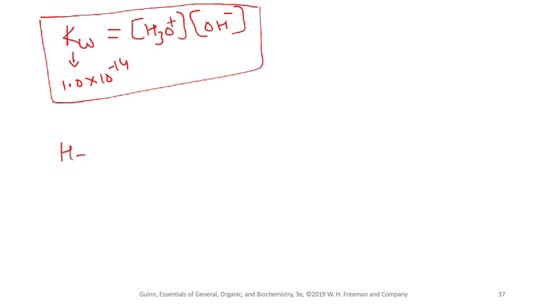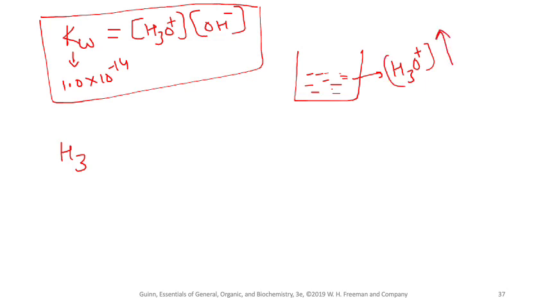So now let's take an example over here. If I have a solution, and if I say the concentration of H3O plus ion in this solution is higher compared to the OH negative ion concentration, which is lower, is this solution acidic or basic?